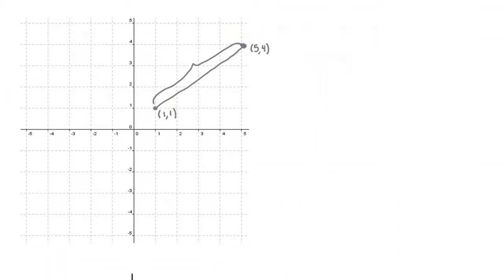But what I can think of is I can actually break this line up into its vertical and horizontal parts. If we take this part here, and then we take and do this, we put a point there, we know that this point here is going to be 5, 1, right?